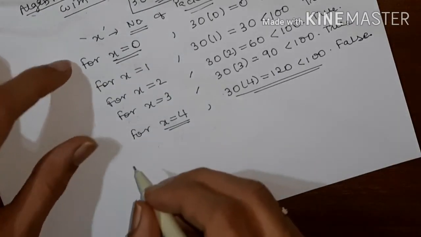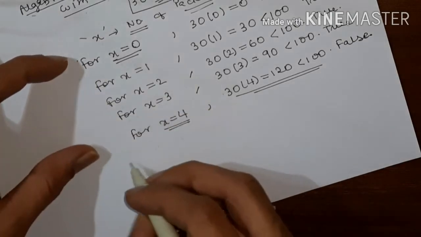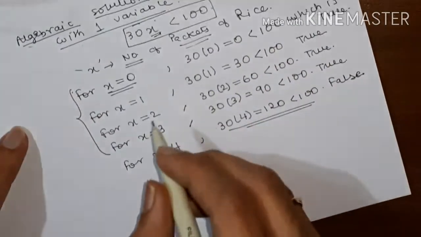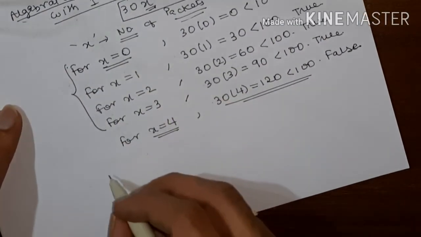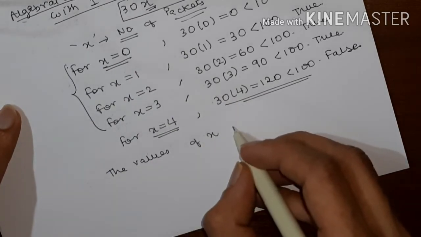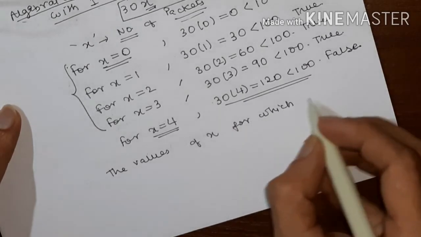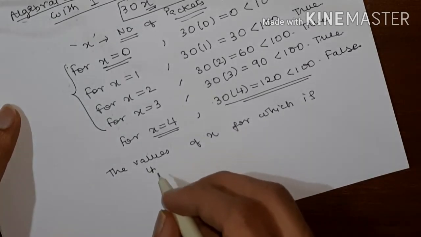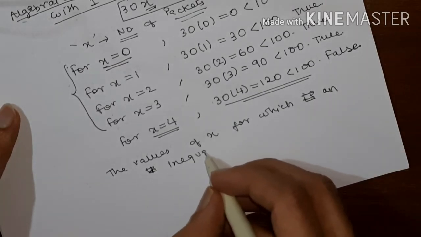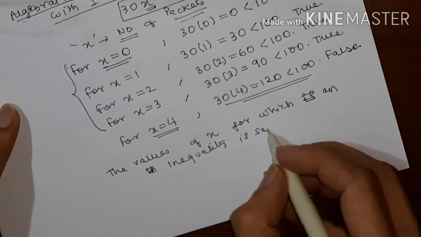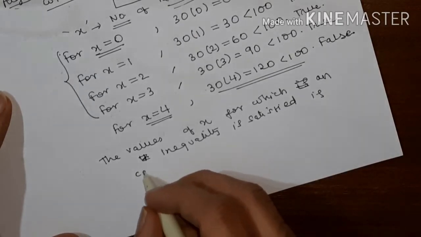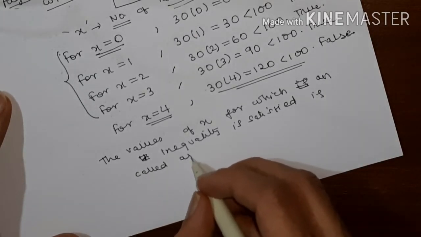So now you have to note one thing: the values of x for which an inequality is satisfied are called the solution set.